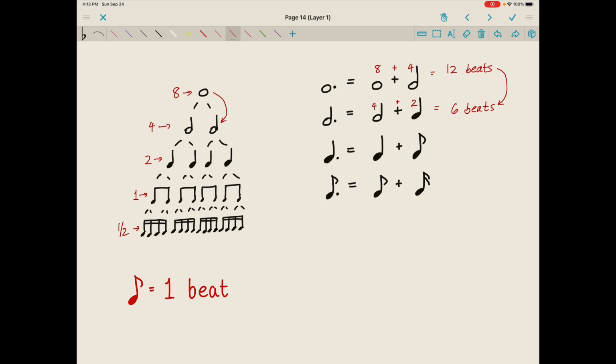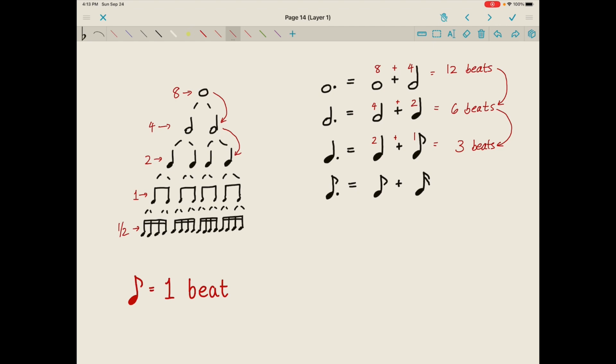Let's look at the next example. So a quarter note will be worth 2 beats in this scenario, plus 1 beat for the eighth note, so a total of 3 beats. Notice that a dotted half note is worth exactly twice as much as a dotted quarter note, just like an undotted half note is worth twice as much as an undotted quarter note.